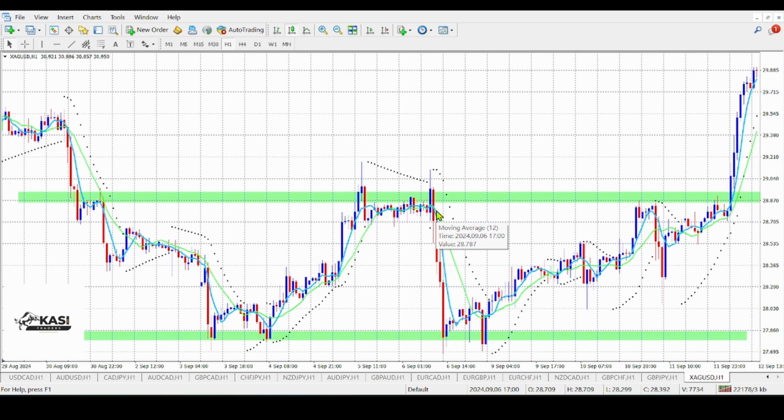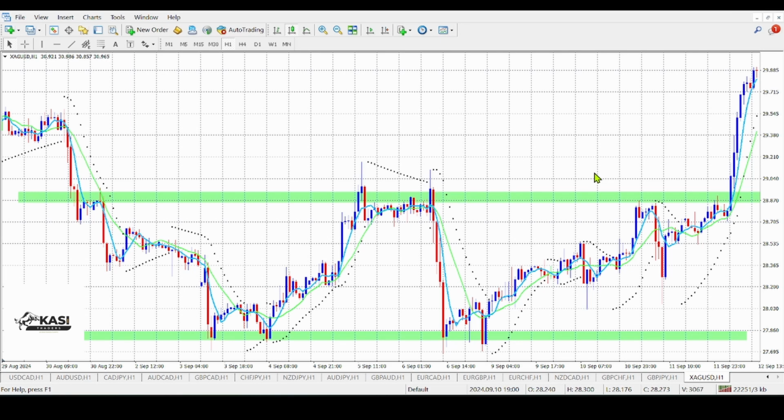Condition number 2: parabolic SAR dot appears above the price candle here, like here. We see both EMAs are facing down. EMA 5 is below the EMA 12 and they are both facing down, and we have a parabolic dot on top of the price candle.